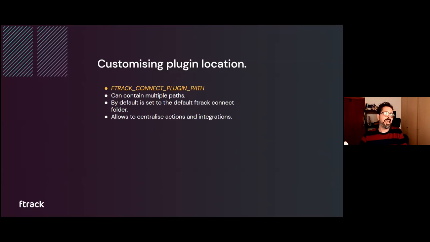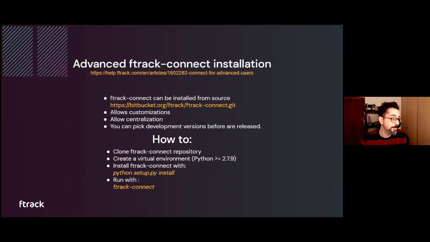And now we're heading toward the end, so let's touch on something quite advanced, but I think it's going to be helpful for most of you. As we said, we do provide the ftrack-connect package, which is the pre-packaged one, but what you actually use is ftrack-connect, which is the Python bit, which can also be installed standalone from the sources.